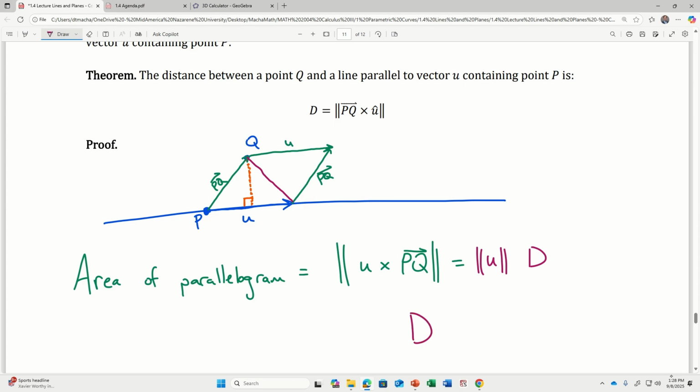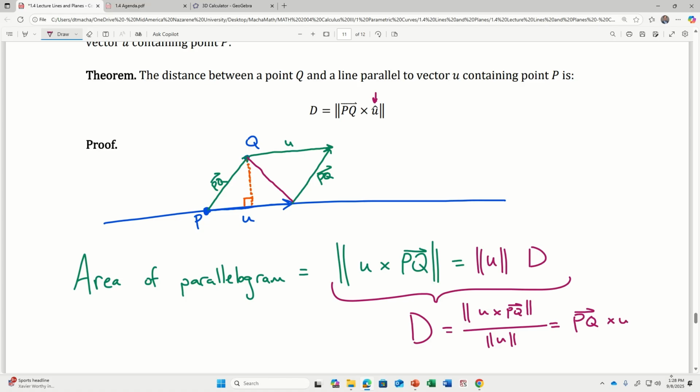So now solve for the distance here. And we get the norm of the cross product divided by the norm of u. But you could also write that as the cross product with u divided by the norm of u, which is u hat, if you want to. You can do that if that's easier to calculate with, or you can calculate u hat, the normalized vector, first.